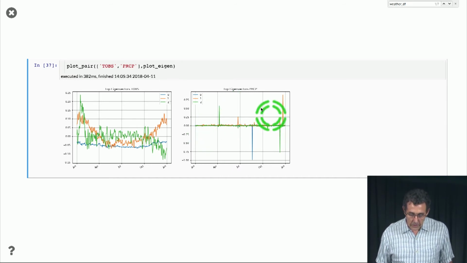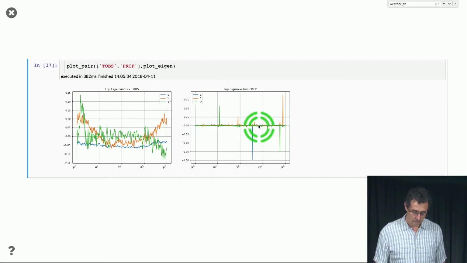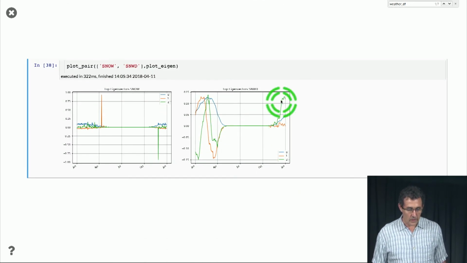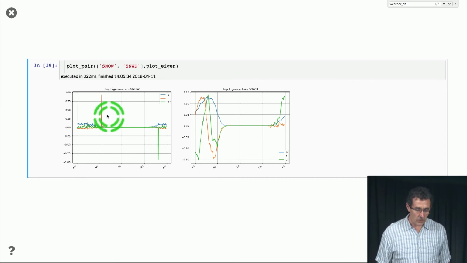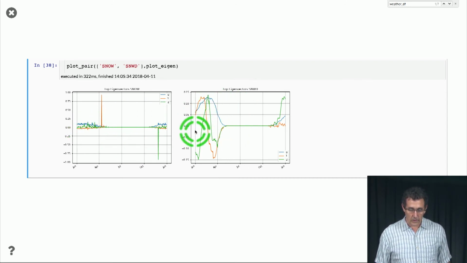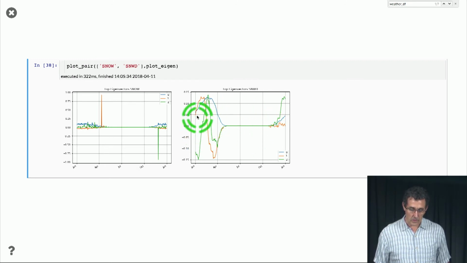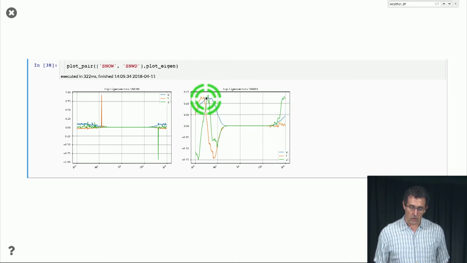If we look at precipitation, it's very hard to see anything that is meaningful. If we look at snow, again, very hard to say something definite. But if we look at snow depth, it is actually very clean, right? We see that eigenvector 1 looks very much like the overall snow.